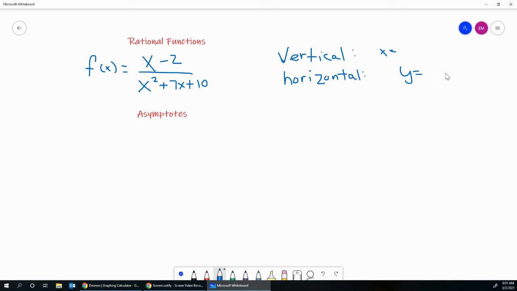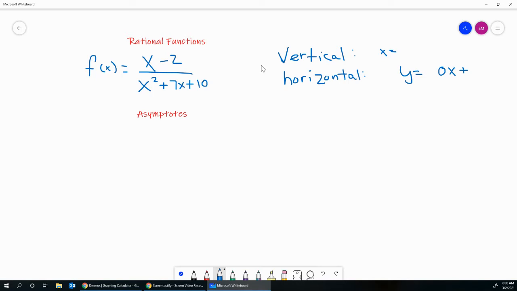You could literally put 0 times x, because whatever number you pick for x, you're going to multiply it by 0. So that's going to equal 0 plus whatever number makes the horizontal asymptote, whatever line the curve is approaching but not touching. We'll talk about that when we get there.